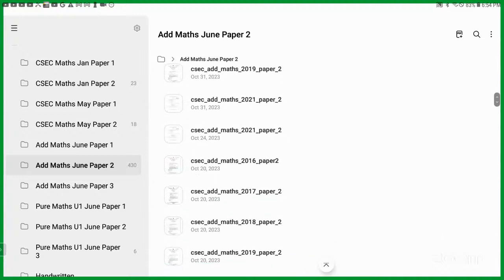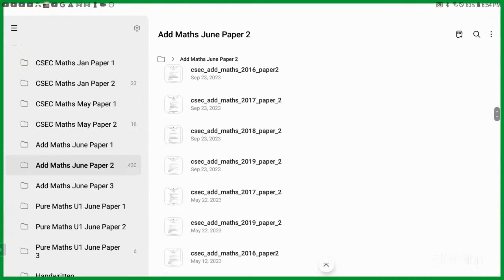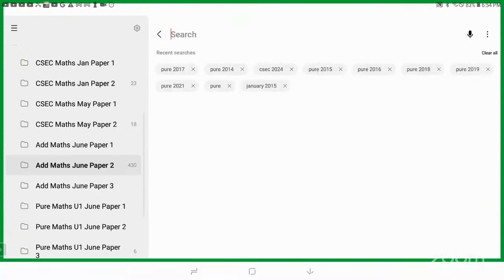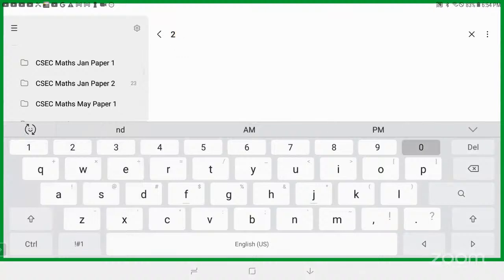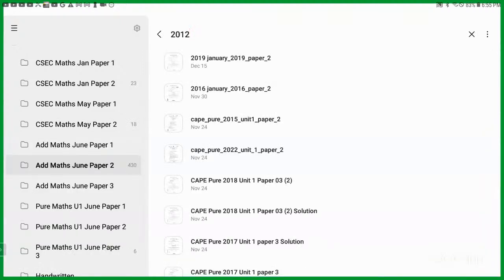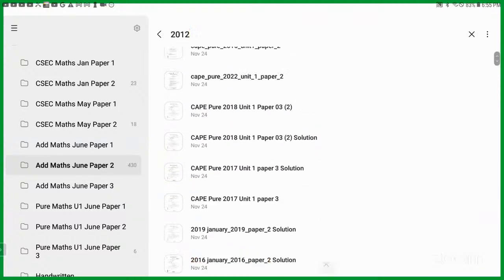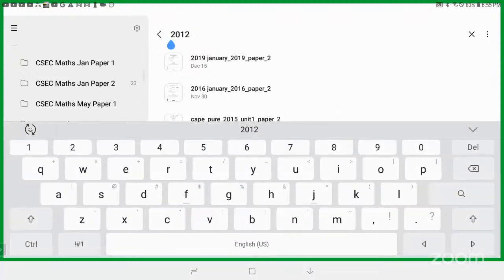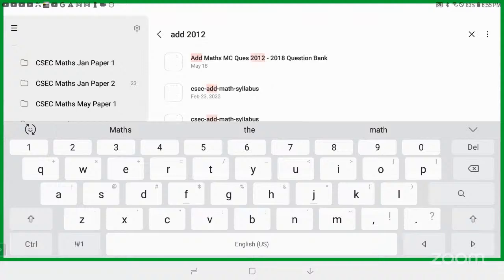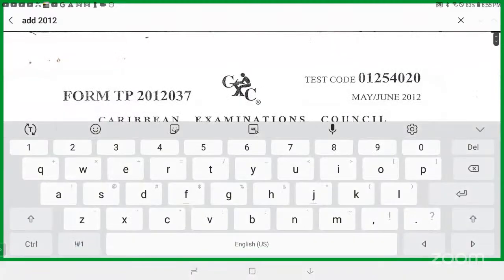I'm not seeing it. I know it's in here somewhere. Not coming up. That is it.